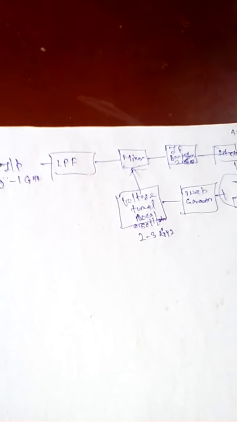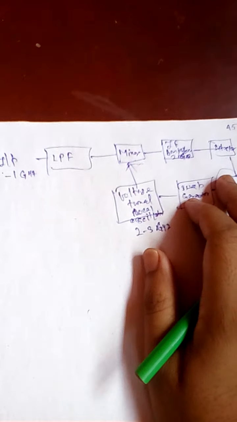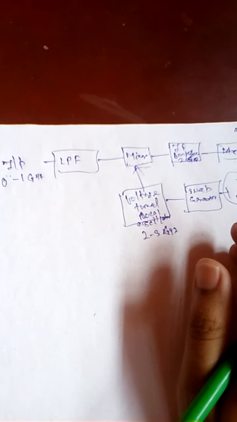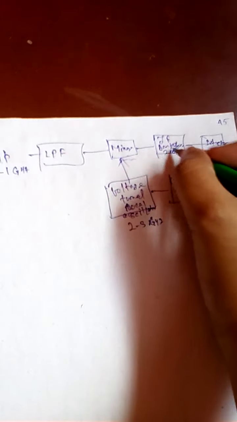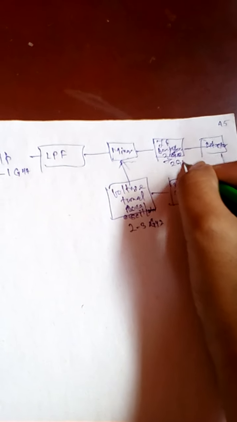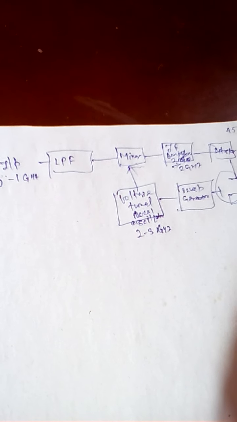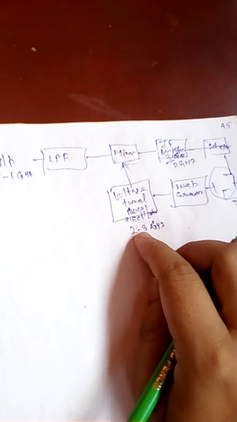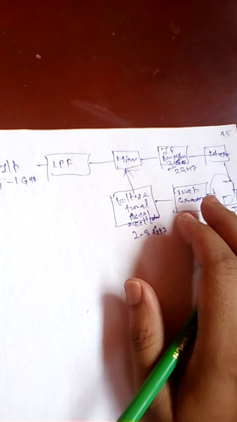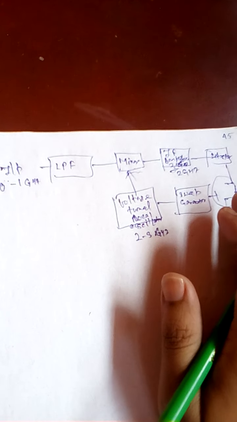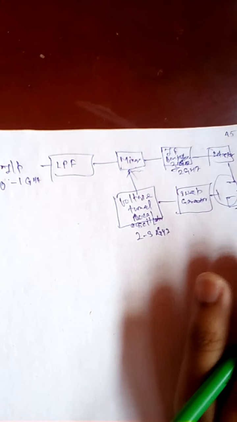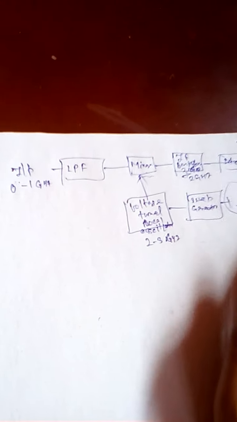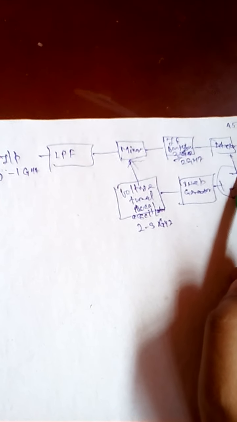The IF amplifier, meaning intermediate frequency amplifier, is tuned around 2 gigahertz, as we see in the figure. So the local oscillator is tuned 2 to 3 gigahertz, and the difference frequency is converted to the intermediate frequency and passed through the IF amplifier and rectifier, which produces the vertical deflection on the CRT.